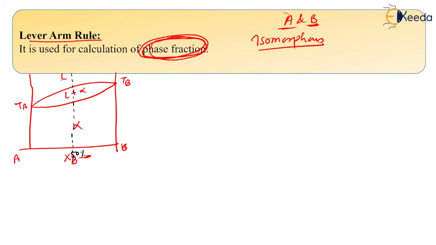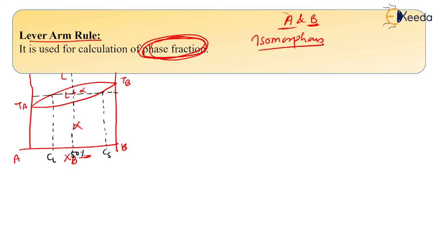Then of course I am having the tie line here, and with this tie line I can have here the composition in the liquidus, and here the composition in the solidus.